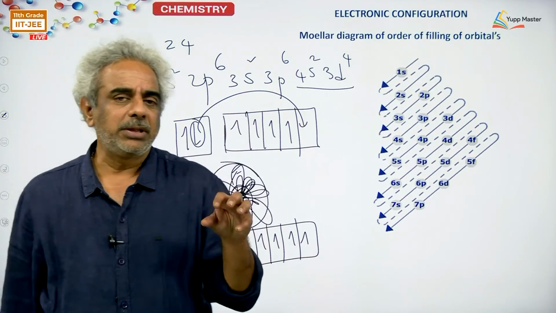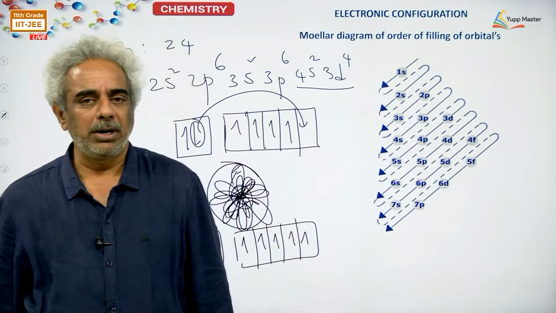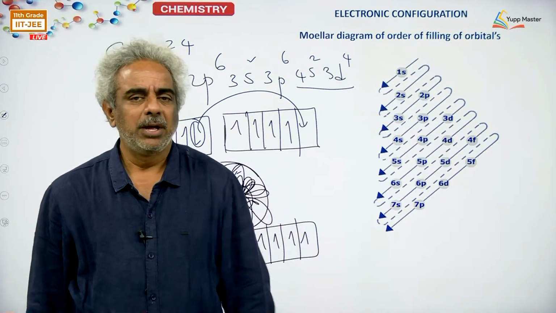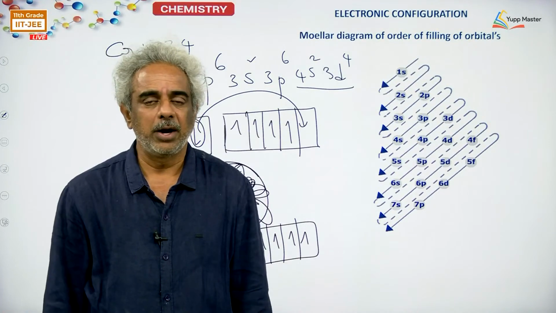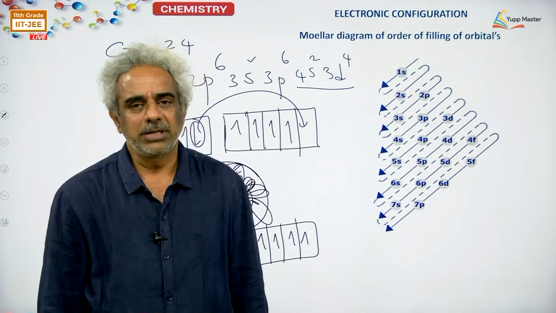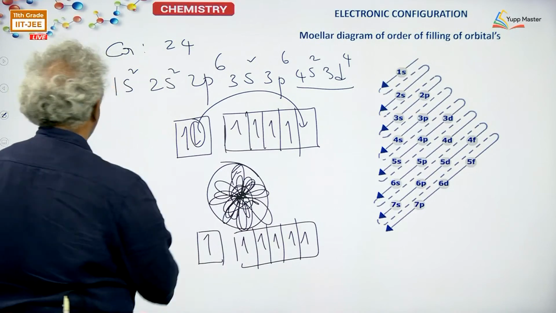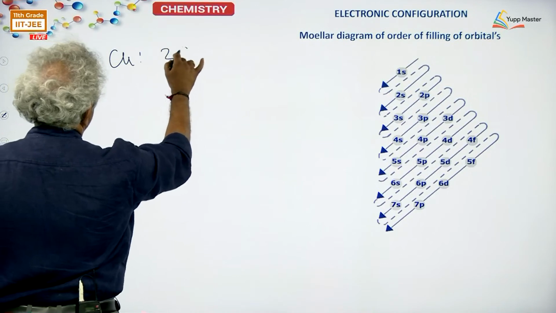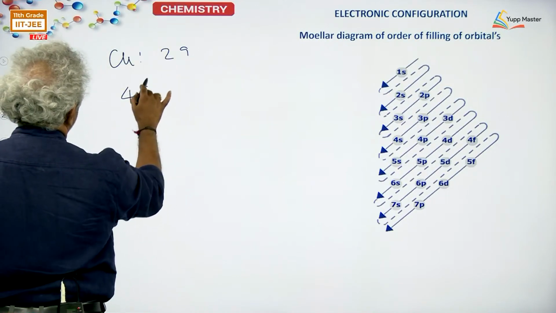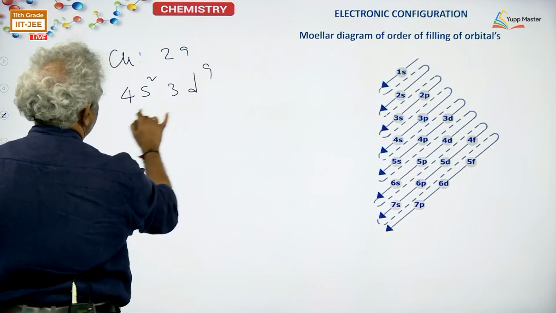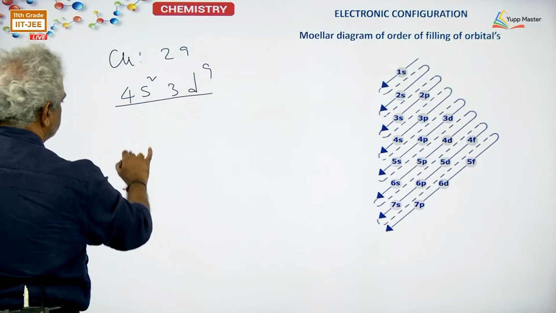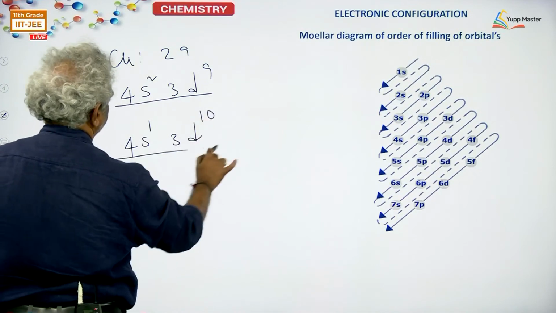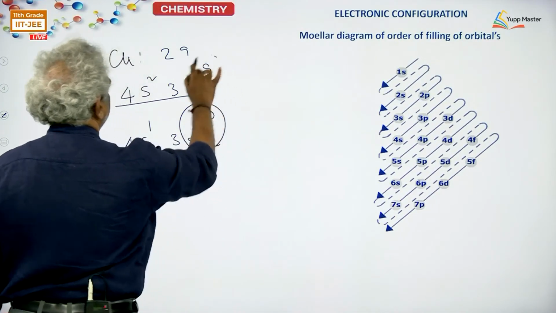Generally orbitals with half filled configuration and completely filled configuration are more stable. So there can be some rearrangements like this in anomalous configurations, you can see in some atoms. Even in copper it happens. Copper 29, 4s2 3d9 is the expected configuration. This also changes to 4s1 3d10. So d10 is better than d9.